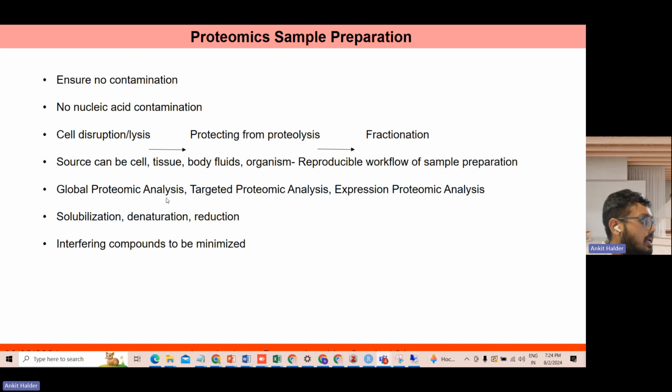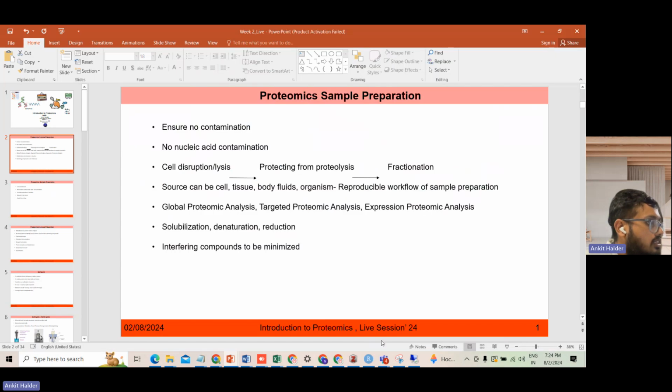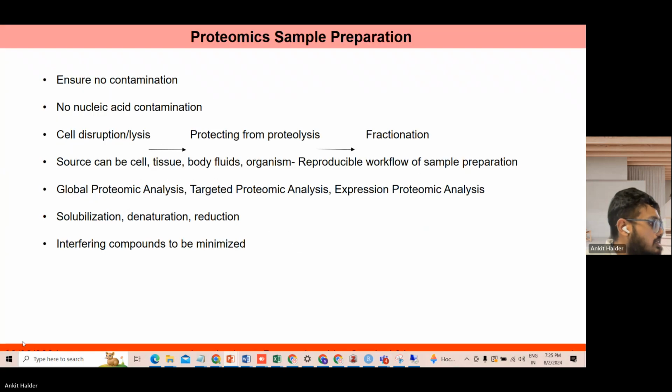Now the sample preparation can be done for global proteomics analysis, targeted proteomics analysis, or expression proteomics analysis, but everyone's one major goal for every experiment is that we need to have a robust sample preparation, so that we can yield the best quality protein out of it, so that we can do the further experiment.